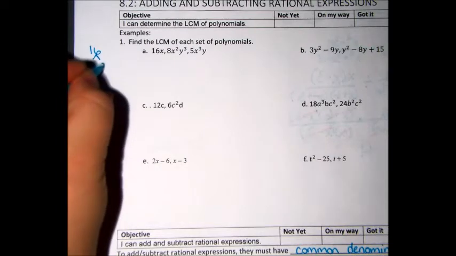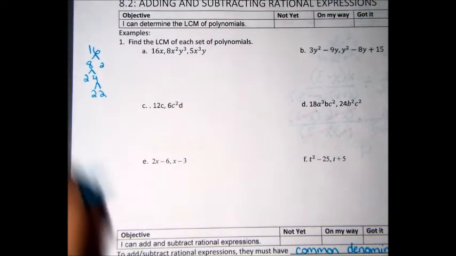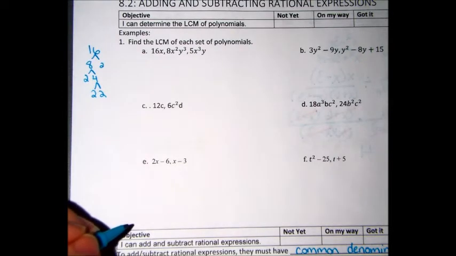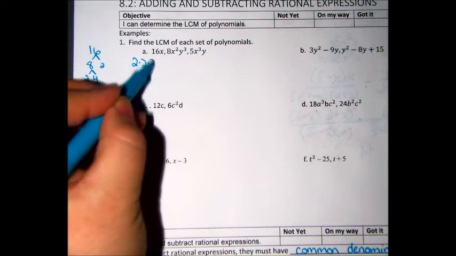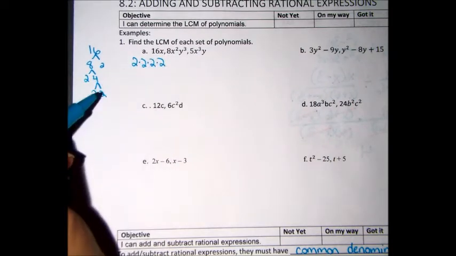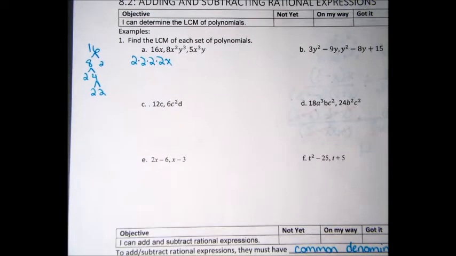The prime factorization of 16 is four 2's, and I still have an x, so 16x can be rewritten as 2 times 2 times 2 times 2 times x.